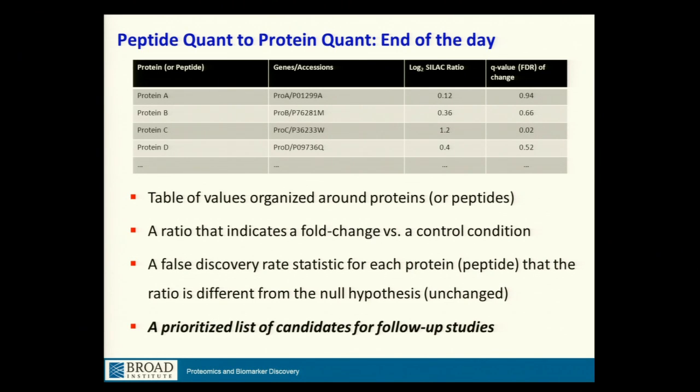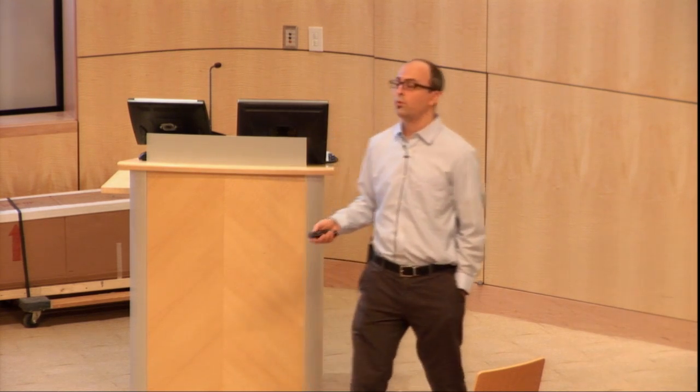And then if you've designed your experiment in such a way that it's comparing 2 or more conditions, and you're interested in knowing what changes from condition 1 to condition 2, we could give you, using some descriptive statistics models that Mani will talk about tomorrow, a sort of false discovery rate. Not that we've identified that protein, but that protein is changed from condition 1 to condition 2.